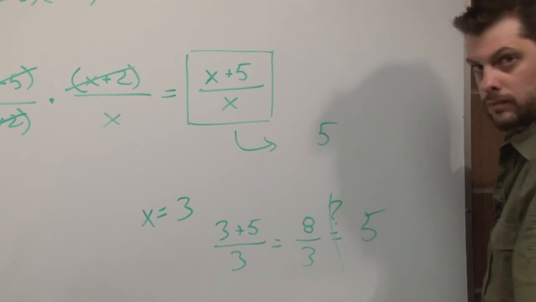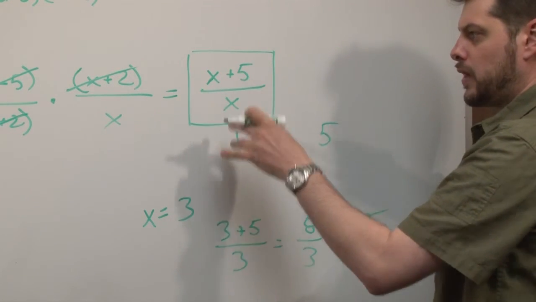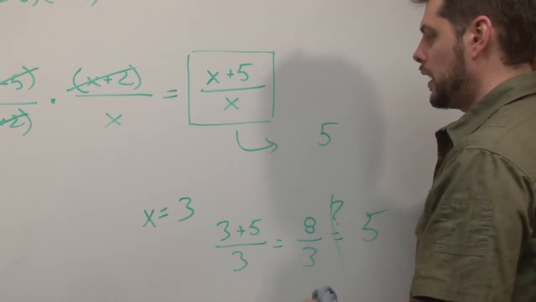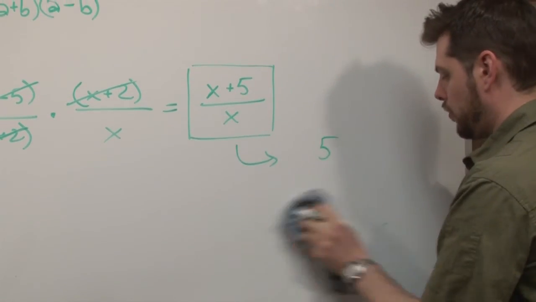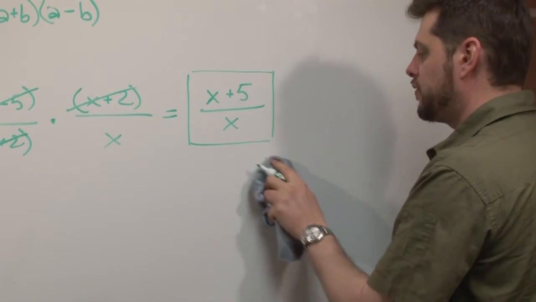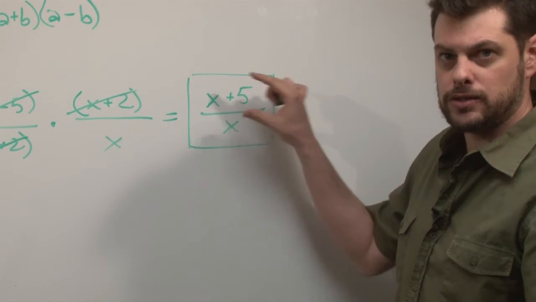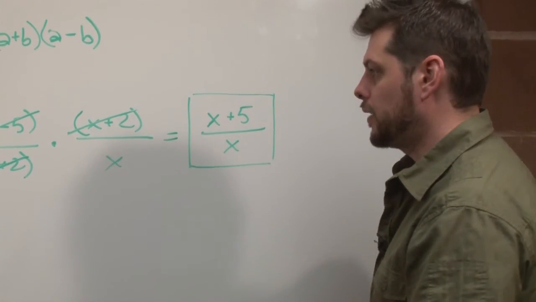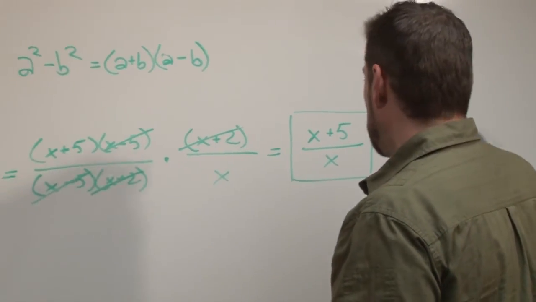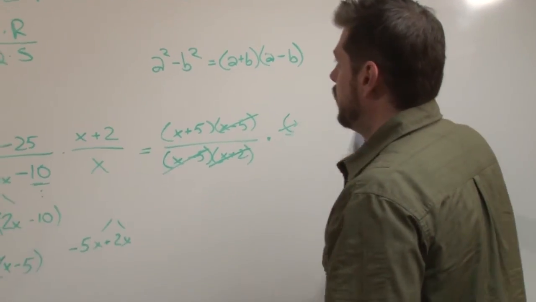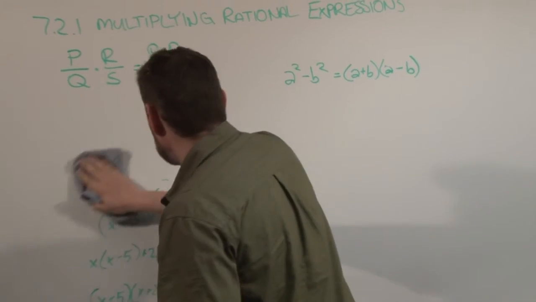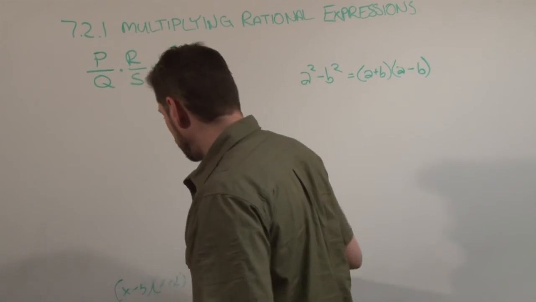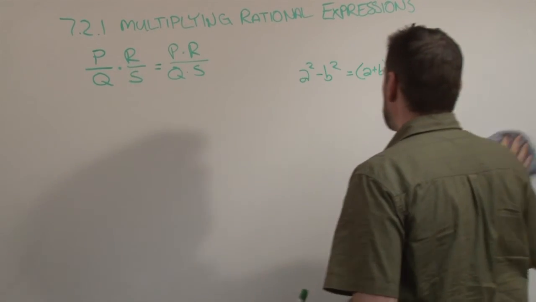Nope. Okay? So be careful when you're simplifying. Know when to stop. And you stop when you are finally rid of all of your common factors. You might end up with common terms, but you don't have any more common factors. You've simplified. Okay? So that is a brief rundown of multiplying rational expressions. In the next subsection, we're going to learn the rule for dividing rational expressions.